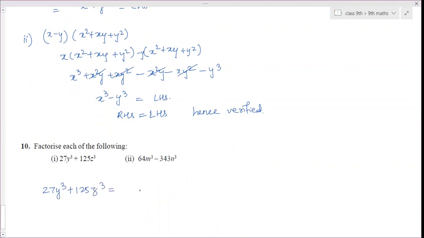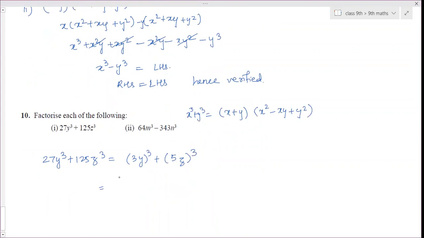So whose cube is 27y cube? 3y. 3y whole cube plus 125z cube is 5z whole cube. So now a cube plus b cube, just now you have seen x cube plus y cube is equal to x plus y into x square minus xy plus y square.